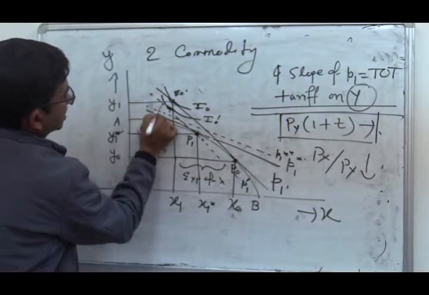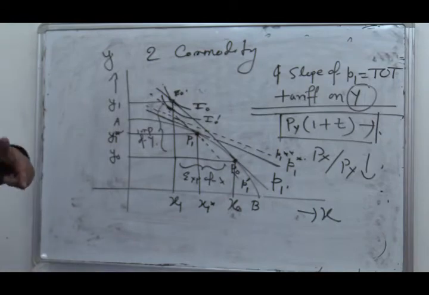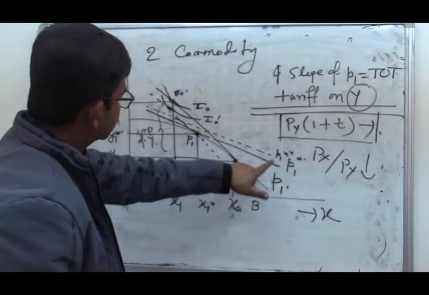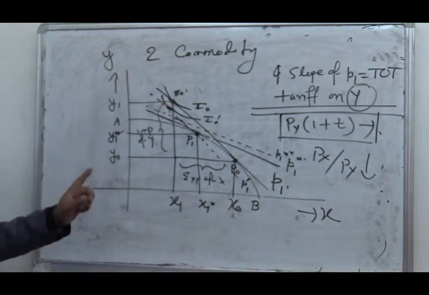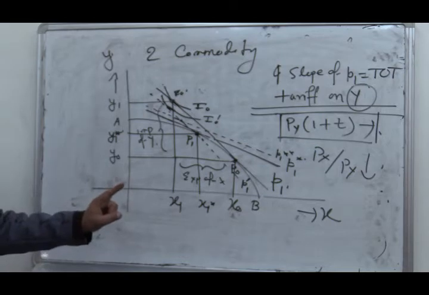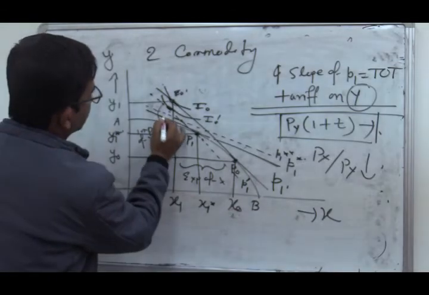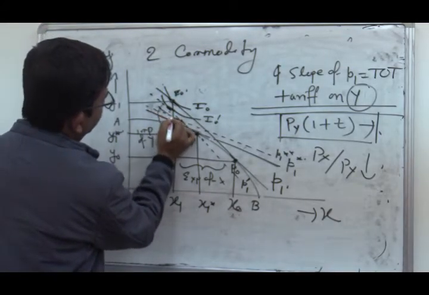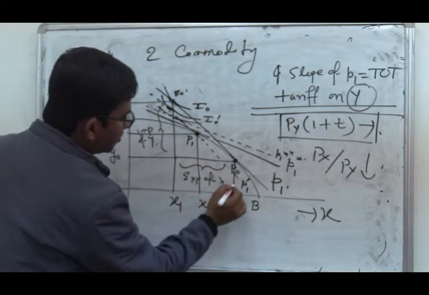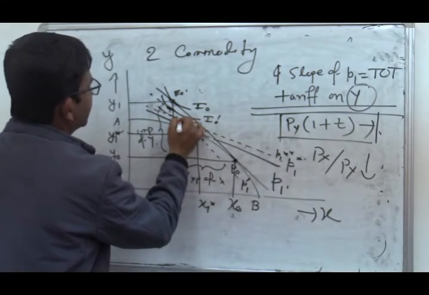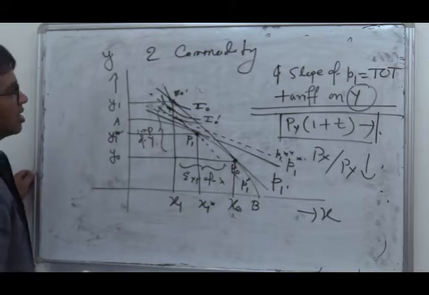The slopes of P1 star star and P1 star are the same. That means the slope of this straight line indicates the domestic terms of trade, the domestic price ratio after imposition of tariff. So equilibrium will be attained at this point where P1 dash and P1 double star intersect each other. So this will be the consumption equilibrium of the country.